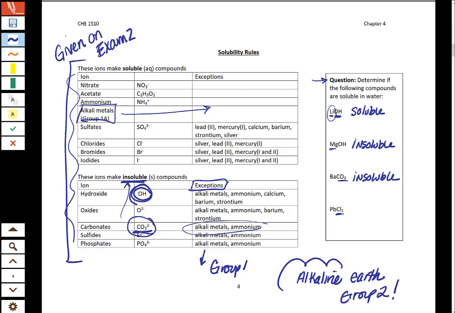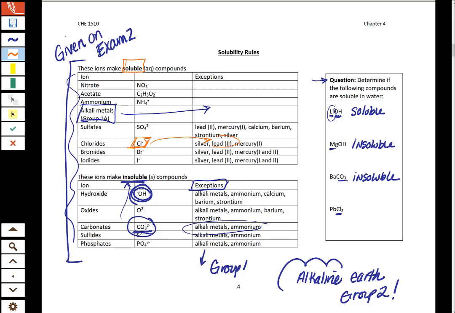I see chloride right off the bat. And notice how chloride is up here in our soluble table. So chlorides generally make soluble compounds, but then you have to come over and double check the exceptions.